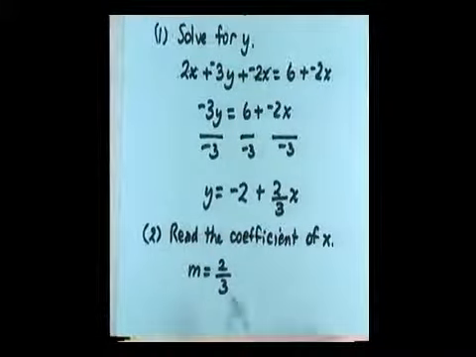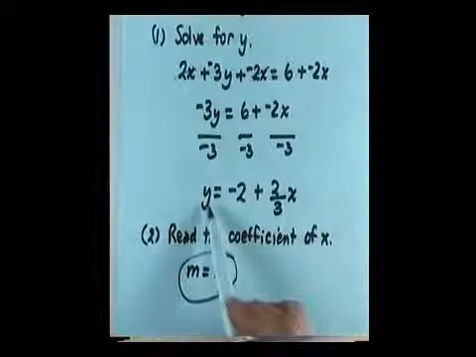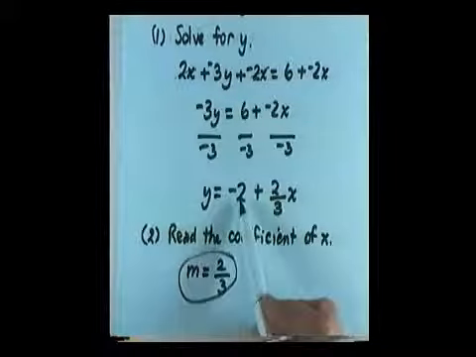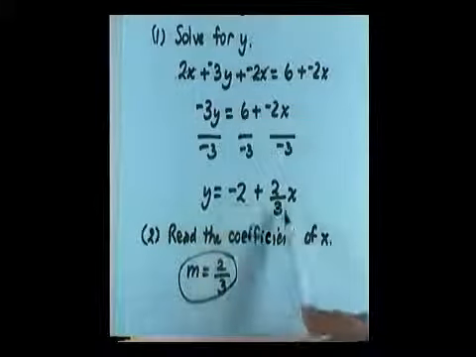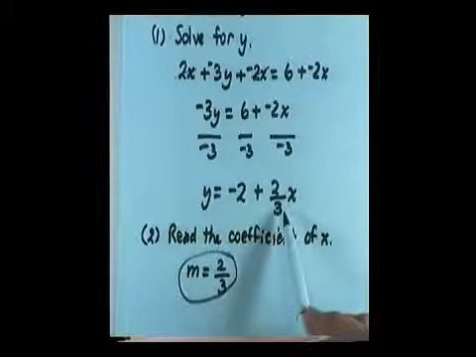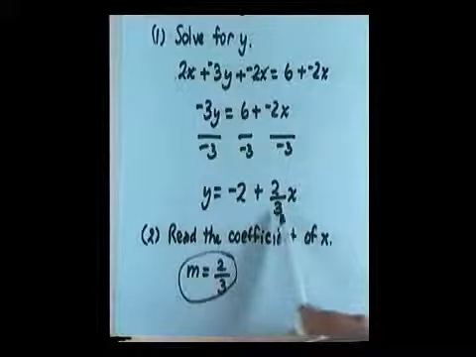So we found the coefficient of x in the form where y is by itself. Now, it may be troublesome to you that we have y equals a constant and then the x term. Remember that in adding, since addition is commutative, we can switch the terms.